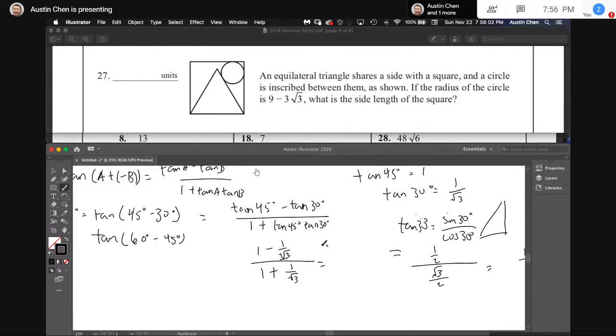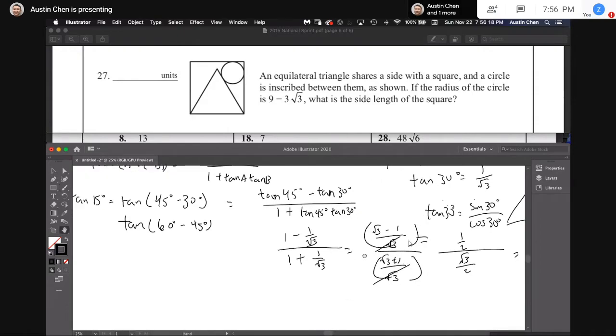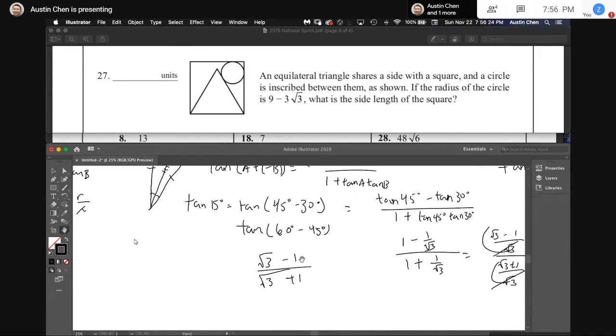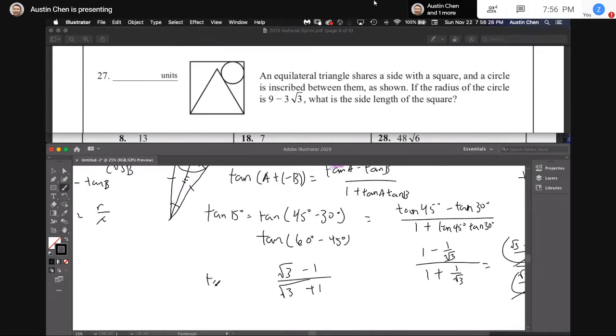So 1 minus 1 over root 3 is root 3 over root 3 minus 1 over root 3, so it'll be root 3 minus 1 over root 3. And that will be root 3 plus 1 over root 3. So the over root 3's will cancel, and then we have root 3 minus 1 over root 3 plus 1. Okay, so this is equal to tangent of 15 degrees.